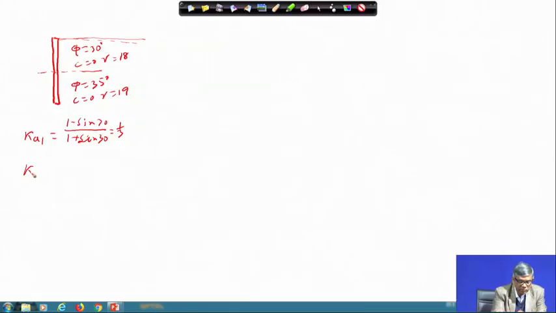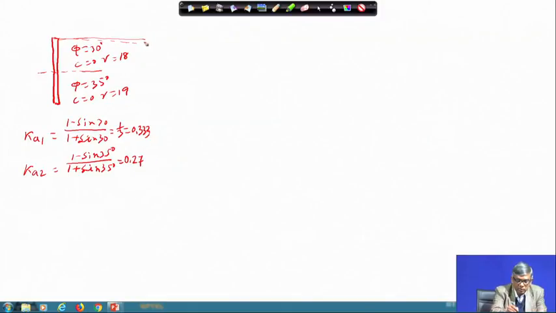And KA2, that means the layer 2 active earth pressure coefficient, is (1 minus sin 35 degrees) divided by (1 plus sin 35 degrees). This gives a value 0.27. This one is 0.333.